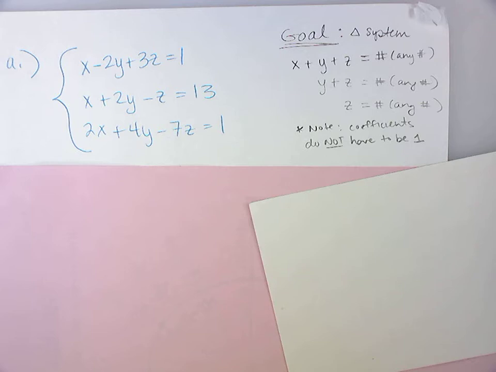The only thing that makes it triangular is the form of the variables. So x, y, and z, and then y and z, and then z. And the reason why that's nice is because if you have that format, what can you use to solve? Yeah, good, back substitution. So that's what we're going to do with part A.